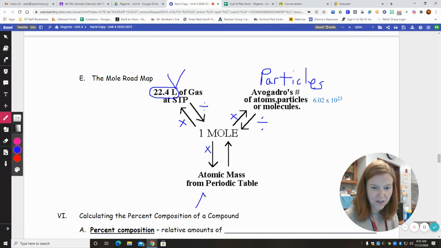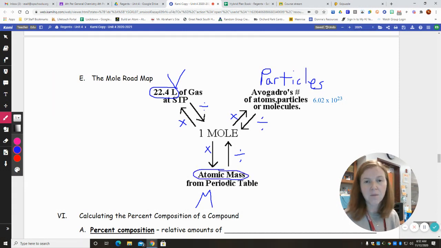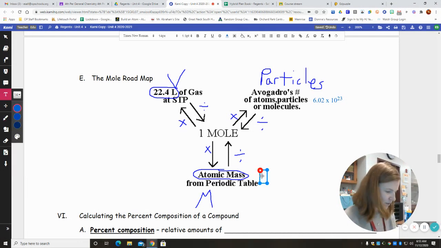And if you are starting with mass and you are going to moles, you are dividing by the molar mass, atomic mass, okay? Don't forget with atomic masses, you always want to round to the 10th place.